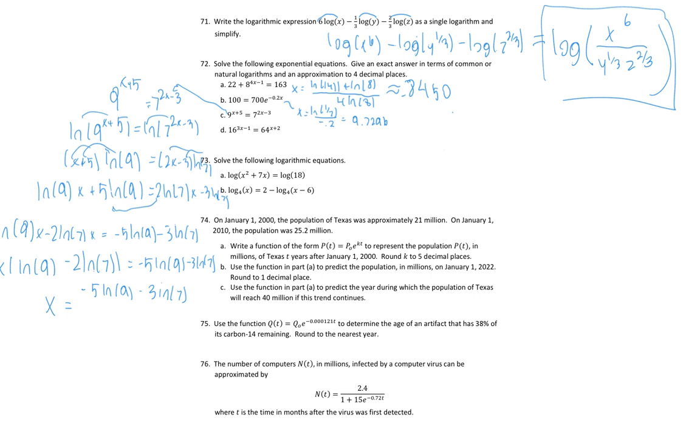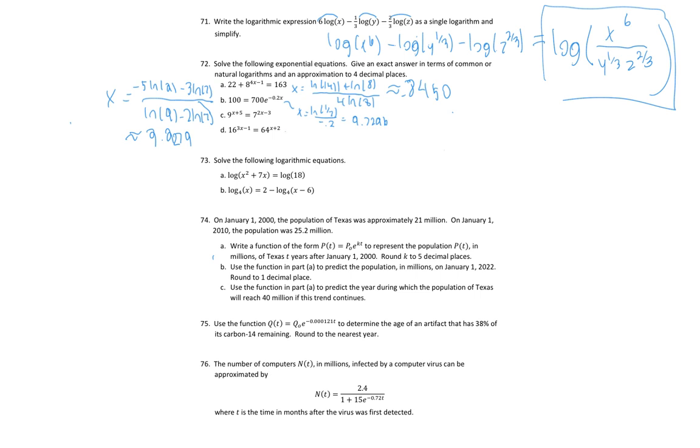So that's my exact answer right here, which is approximately, when I plug this in, 9.9279. And I'm going to erase all this. I'll put it up there so you can actually see this. And we'll go ahead and we'll go on to the last one.